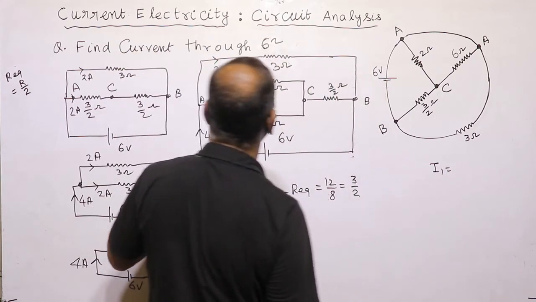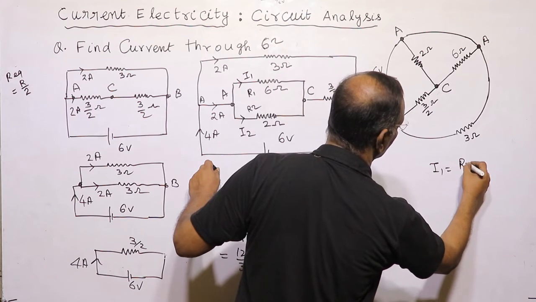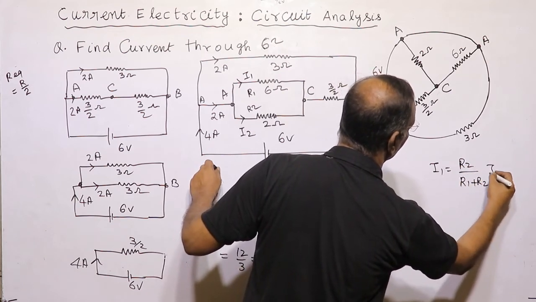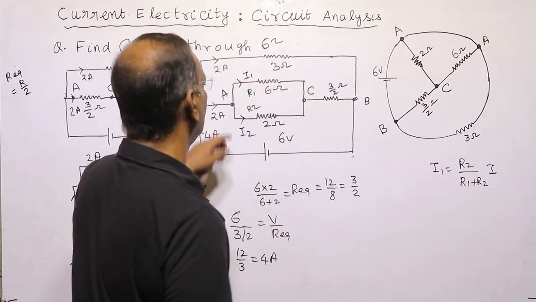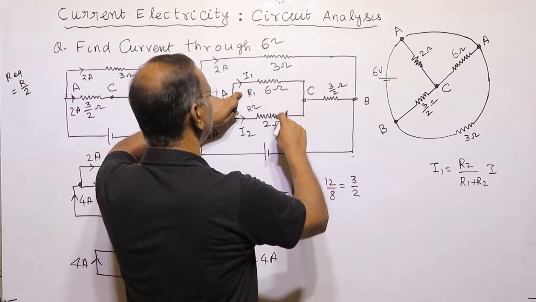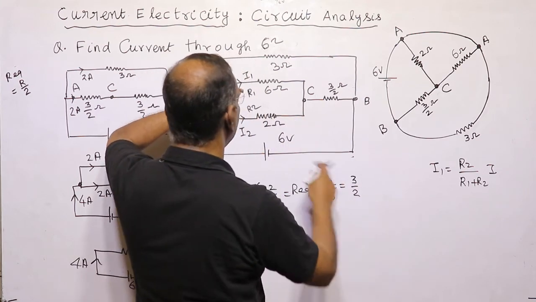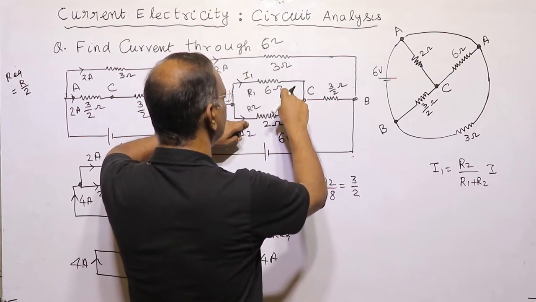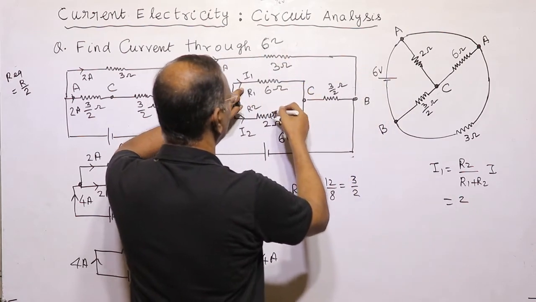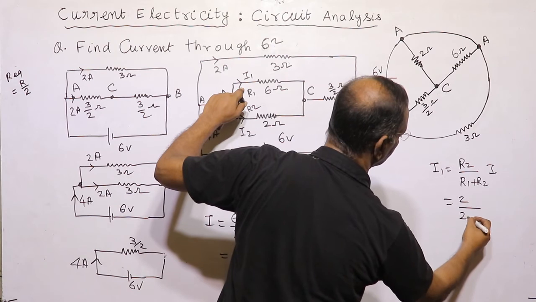I1 is equal to R2 divided by R1 plus R2. This has already been discussed. R2 is this one, R1 is this one, the opposite resistor. So I1 is equal to 2 into 2 plus 6 divided by 2 plus 6.